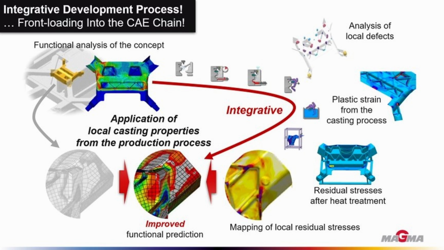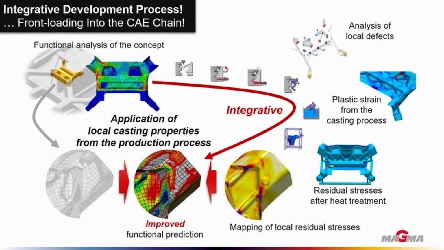And the other way is a technical way to really export results of MAGMASOFT, for example, a temperature field out of a die casting process into other software tools that are used in the design process. So you could imagine that you do a filling and solidification result with our software, then you get a certain picture of a risk of shrinkage porosity, for example, in a casting.